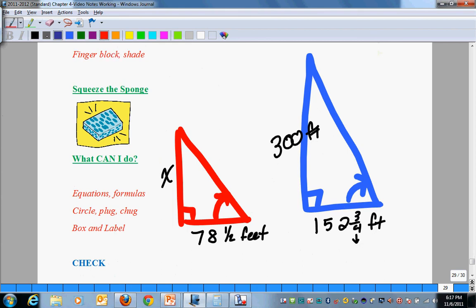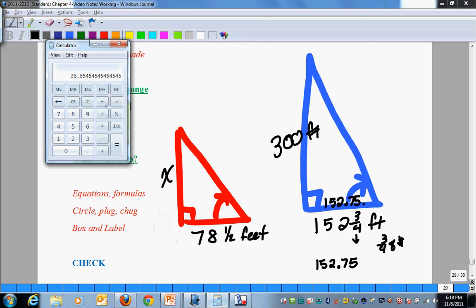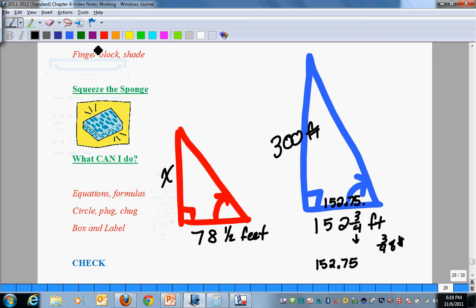The simplest way is to ask yourself, what's 3/4 of $1? That's 75 cents. So this becomes 152.75. You could also just do 3 divided by 4, which is 0.75. And then, of course, 78.5: what is half of $1? That's 50 cents.